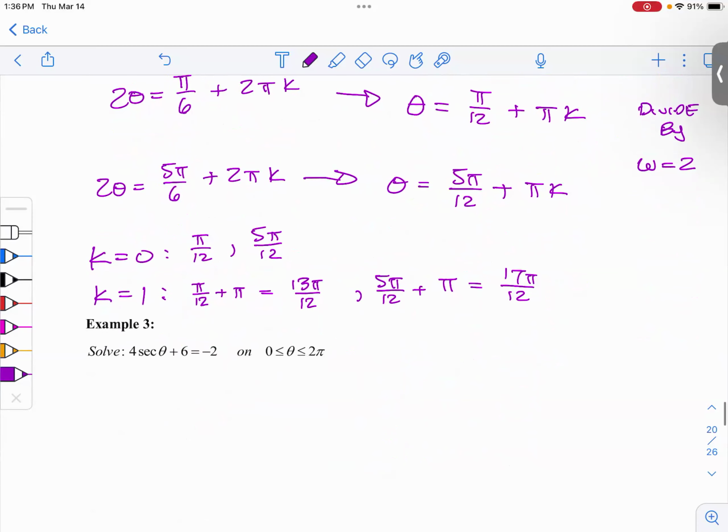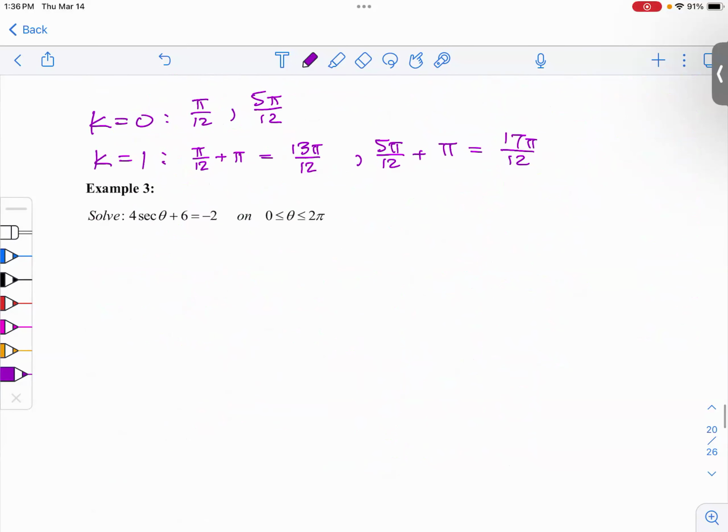Now I'm out of space here, but that's fine. We can do it right here. Basically we keep going for as long as we want. So let's do k equals 2. Theta equals pi over 12 plus pi times 2, which is 2 pi, which becomes 25 twelfths pi.